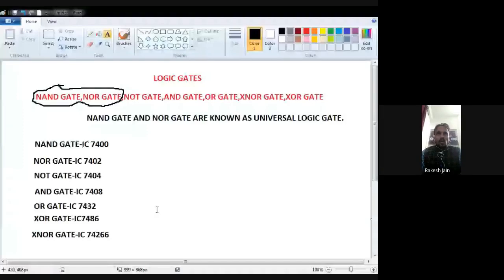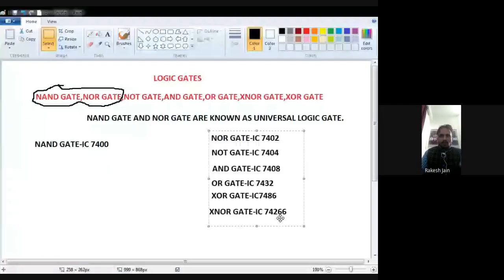The 7486 is XOR, and for XNOR we purchase IC 74266. So first of all, which IC belongs to which logic gate?